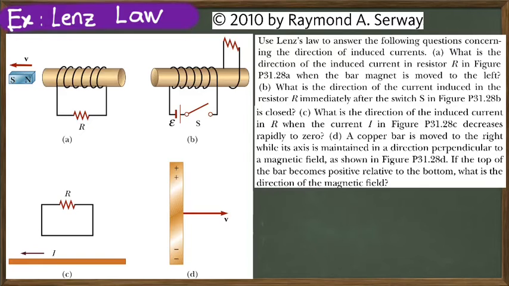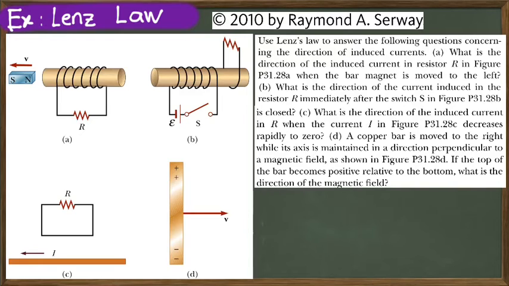So what happens to the flux through this loop when you move the bar magnet toward left? It is decreasing, yes.